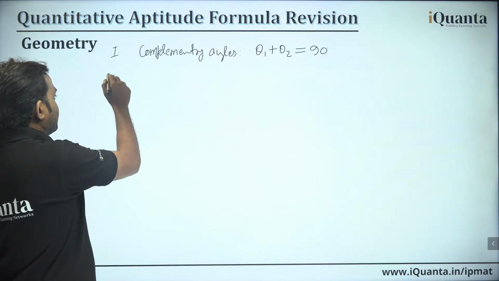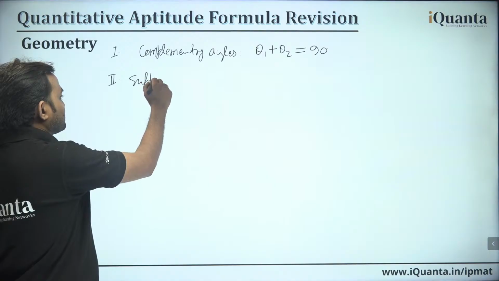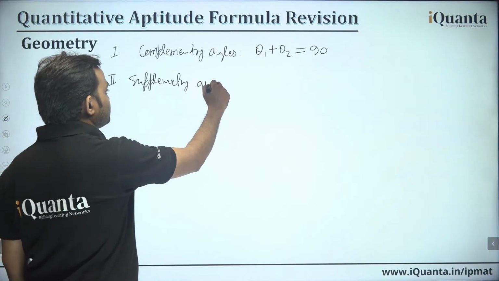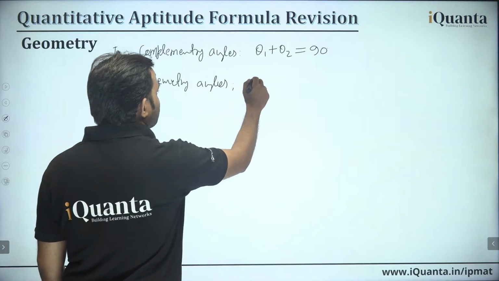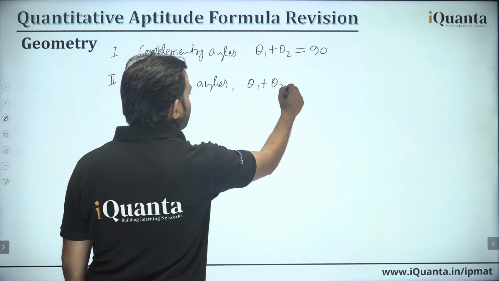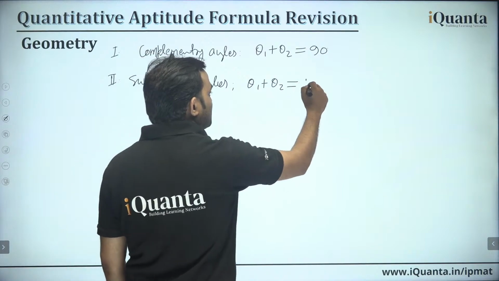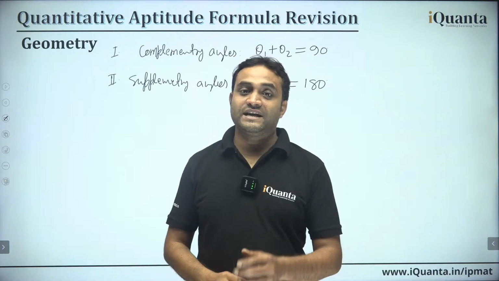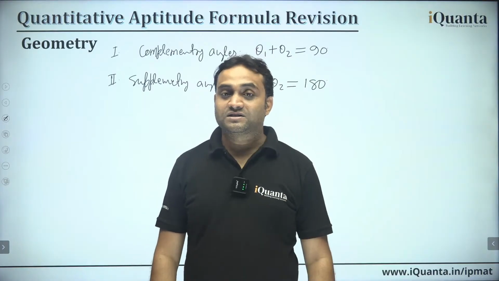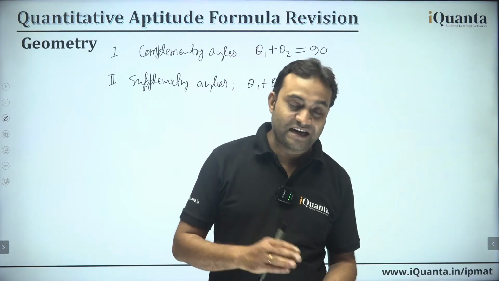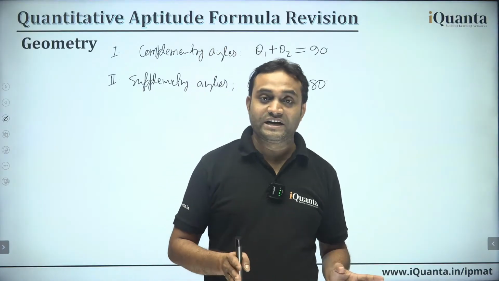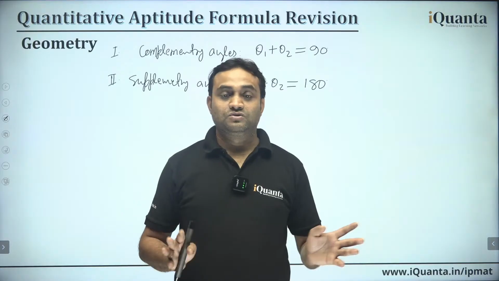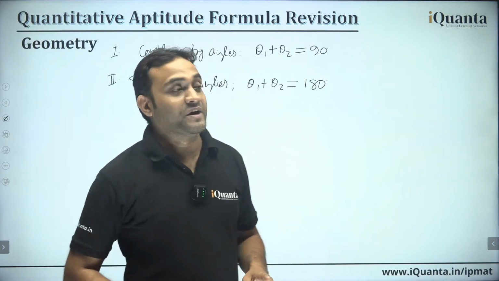Then second is supplementary angles. If there are two angles theta 1 and theta 2 which add up to 180 degree, then those two angles are supplementary angles, like 10 degree and 170 degree, 20 degree and 160 degree, 30 degree and 150 degree, and so on.